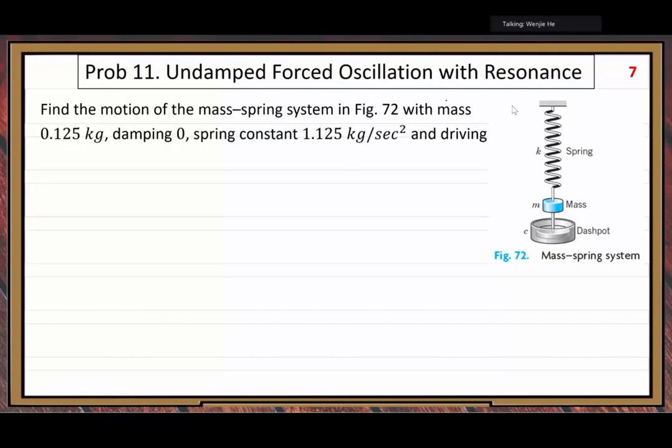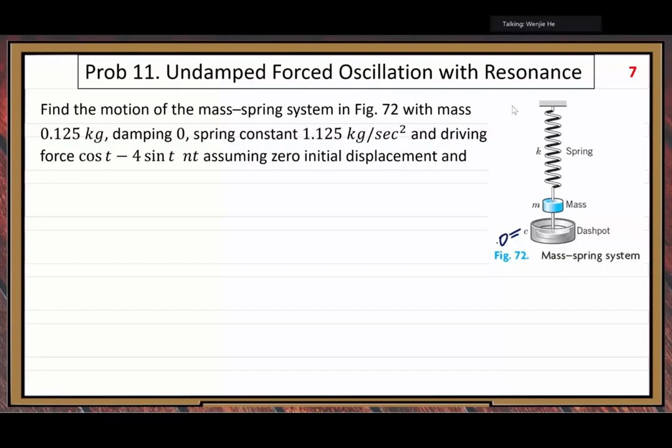So this is the damping part, so C equals 0 and that term is gone. The spring constant K is given. The driving force is a periodic function.